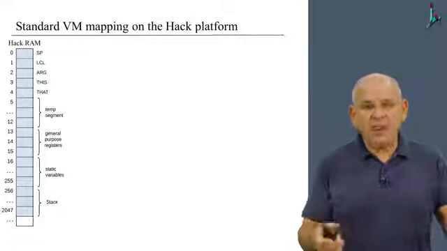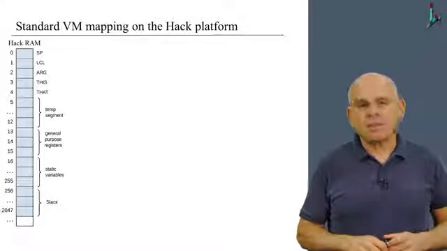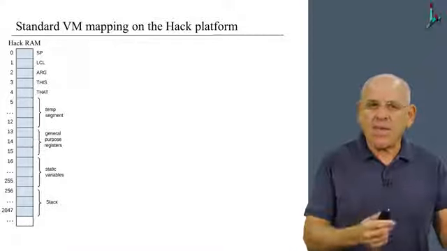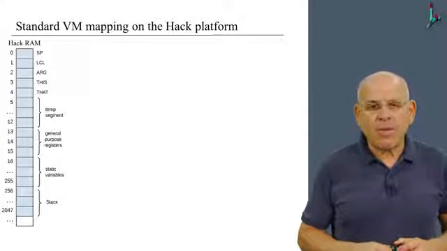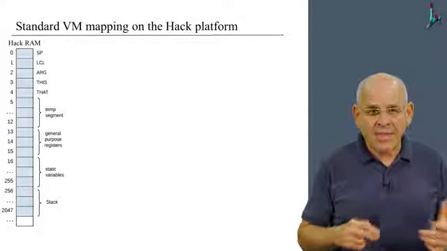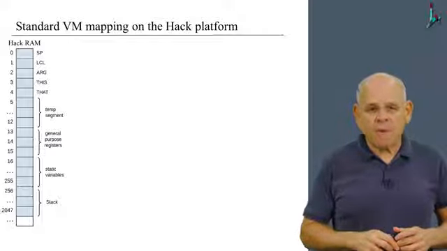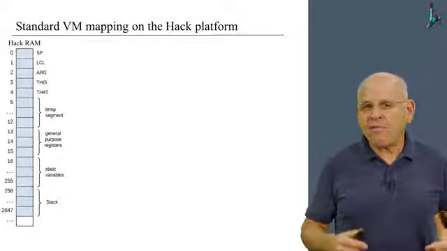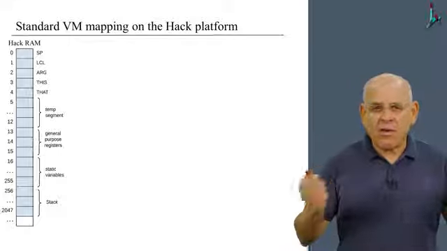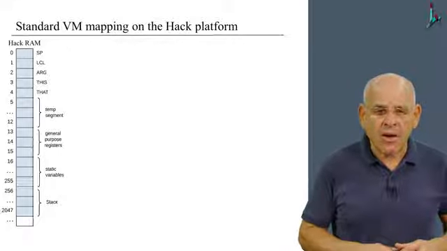We use the first 5 words for the segment pointers. Then the next 8 words serve as the implementation of the temp segment. Then we have 3 general purpose registers. Then we have 240 something static variables.